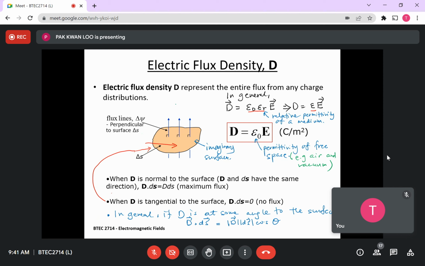Let's say I put a red line and a blue line just to distinguish them.